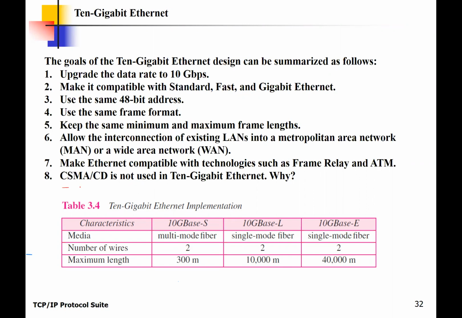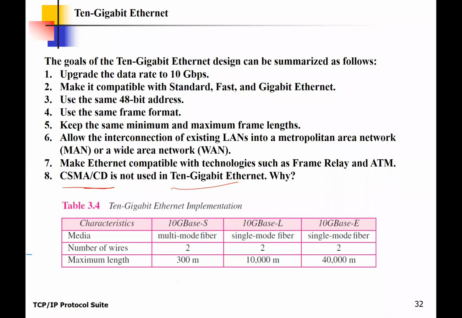Why is CSMA/CD not used in the 10 gig? As we explained before, why? Because you are using full duplex. Perfect. That's really the main reason. And usually the 10 gig is used to connect the main network, like the ISP network, data center.